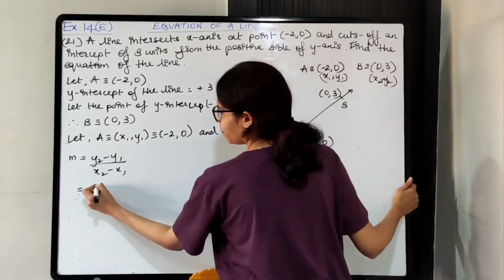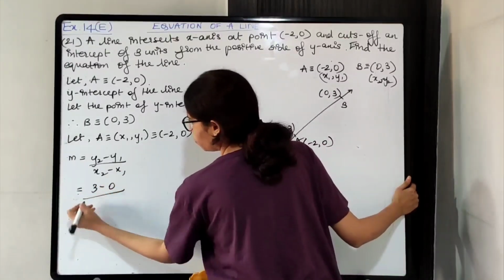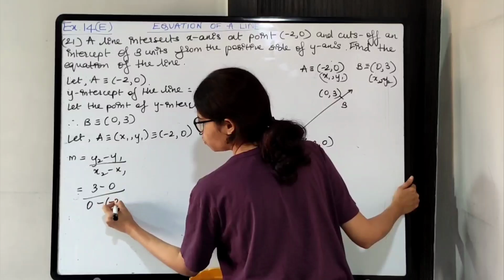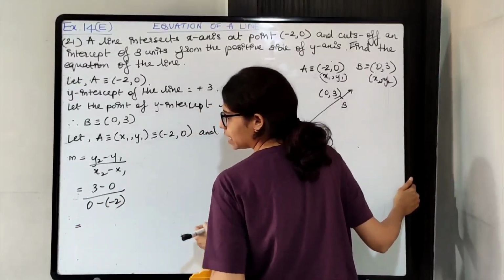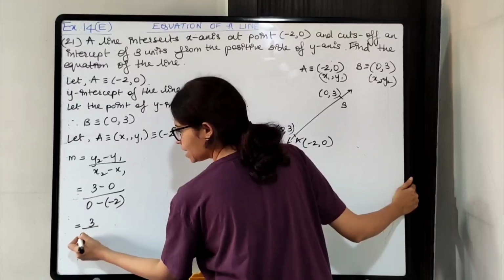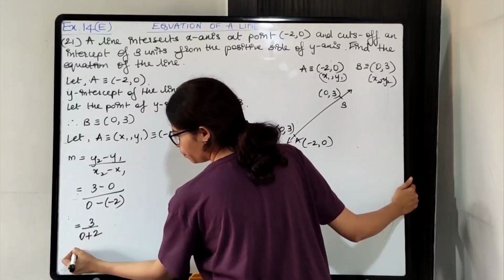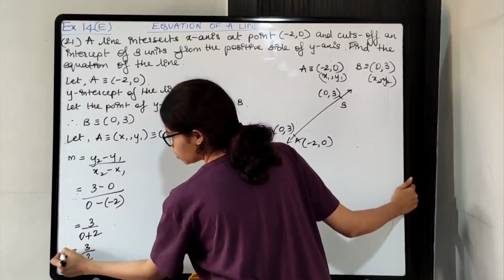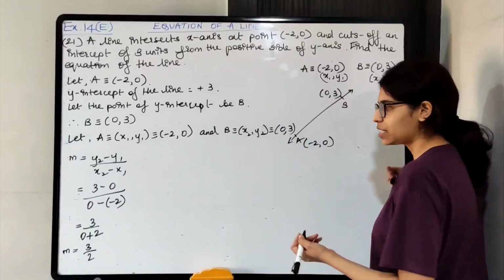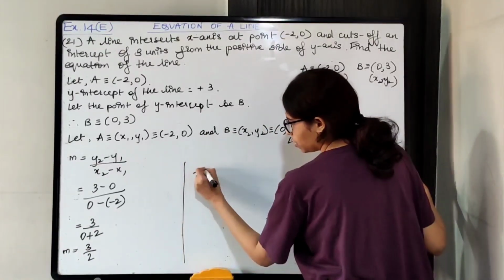y2 is 3, y1 is 0, upon x2 is 0 and x1 is -2. Be careful with signs. 3 minus 0 is 3, and 0 minus minus 2 becomes plus 2. 3 upon 2 is the slope of the line AB. And we have A's coordinates. Let's frame the equation.